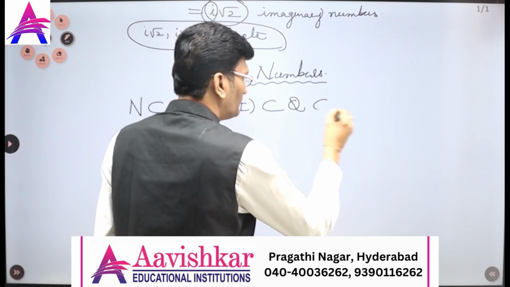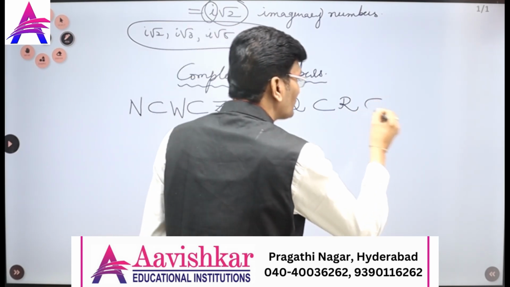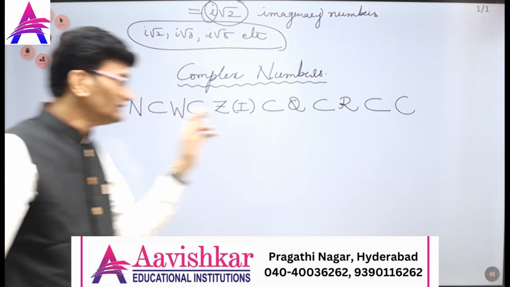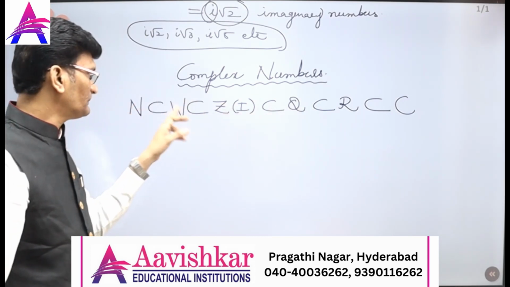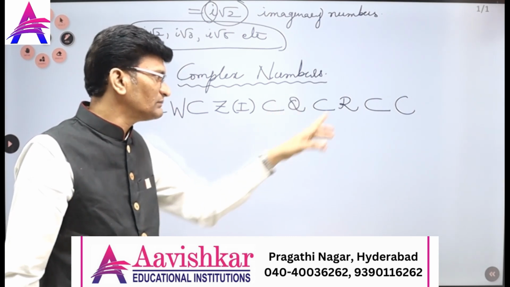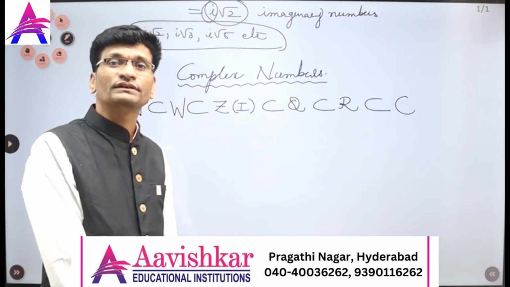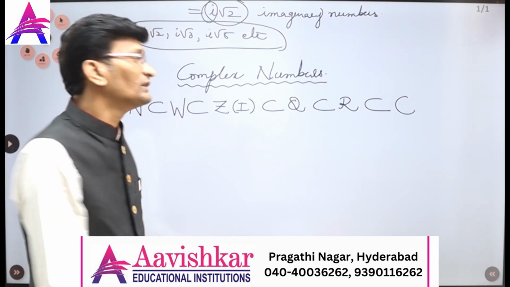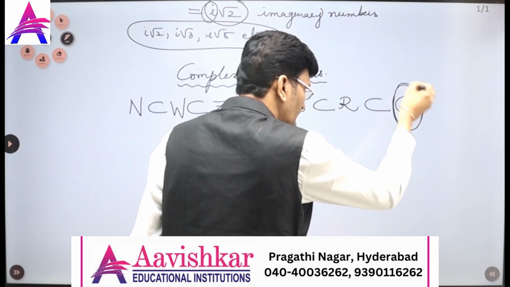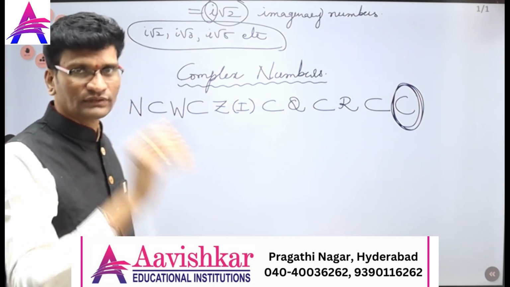Rational numbers are a subset of real numbers. And real numbers are a subset of complex numbers. So this is the order: natural numbers, subset of whole numbers, subset of integers, subset of rational numbers, subset of real numbers, and real numbers are a subset of complex numbers. So from this session onwards, our universal set becomes the set of complex numbers.